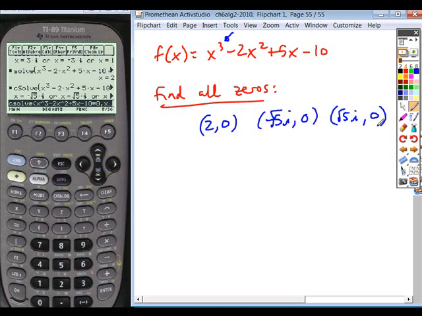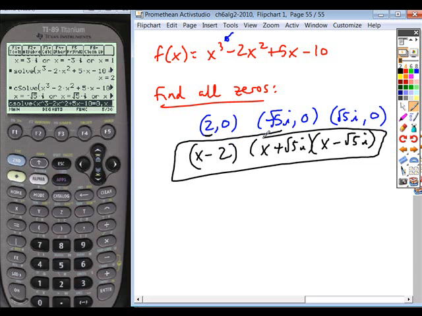Once again, I'm just trying to set up for the next thing that we're going to talk about, but if you wanted to know what factors correspond to these zeros, it's always going to be the factor x minus whatever the zero is. So x minus 2, x minus negative root 5i, and x minus root 5i. These would be all your factors that would give you this polynomial.